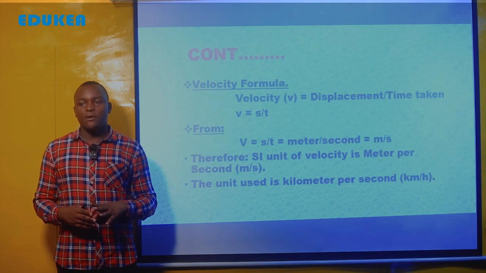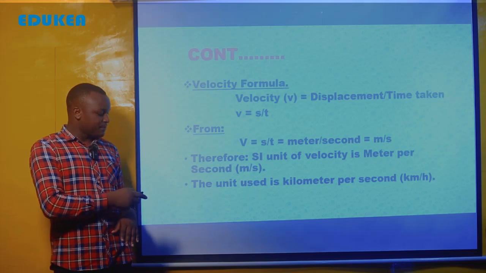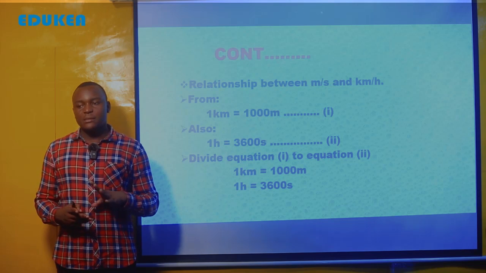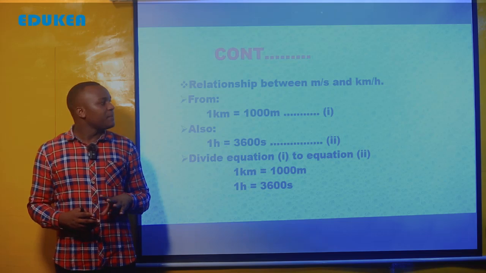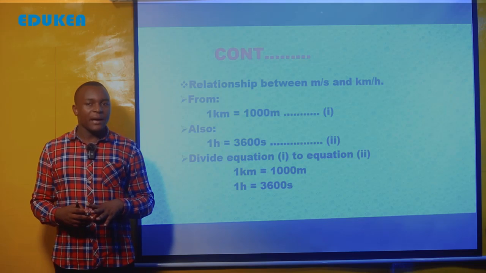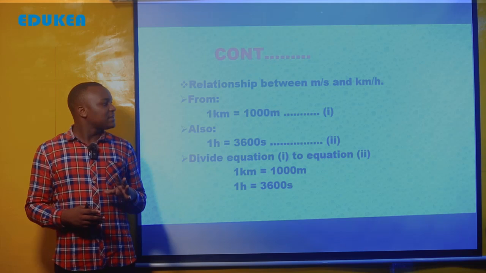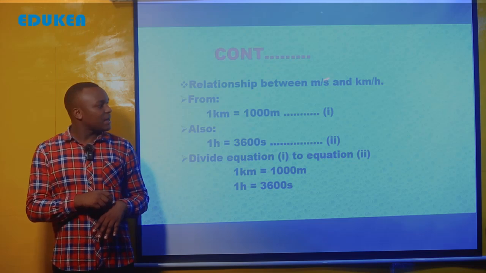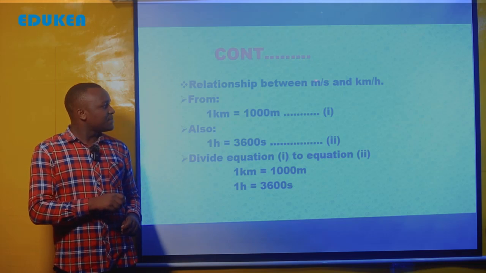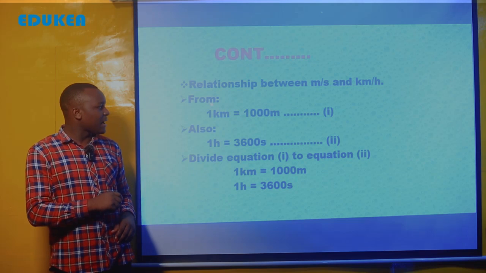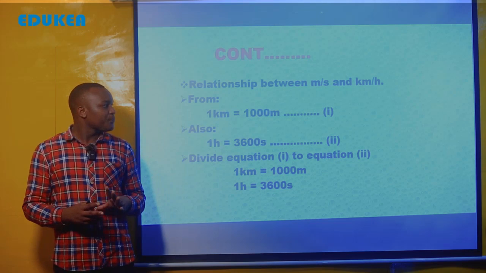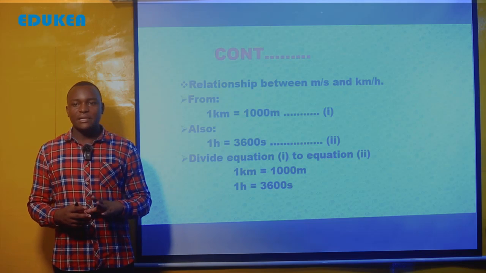So now let us establish the relationship between meter per second and kilometer per hour. We know that 1 kilometer is equal to 1000 meter, kwamba kilomita moja ni sawa sawa na mita 1000.